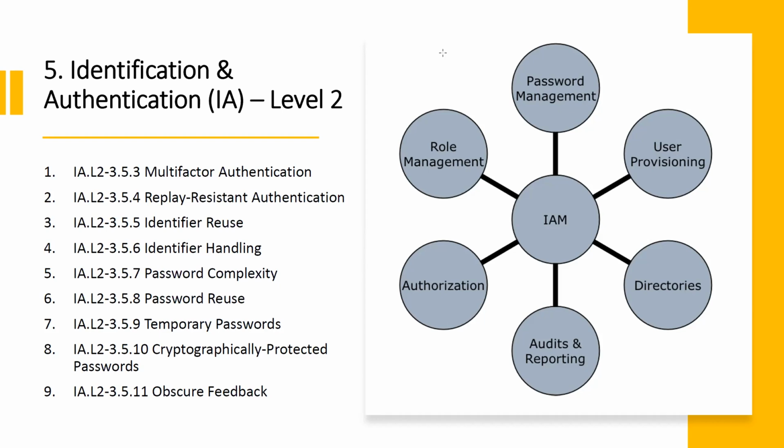Now, identification and authentication defines how we're going to identify the users. The users here are not just physical human beings. Users here would also cover applications that are accessing other applications and systems. Users here will cover devices that are accessing applications and pulling out information. What identification and authentication covers is the ability to identify uniquely the entity, the process, the person, the application, the software that is making that request.